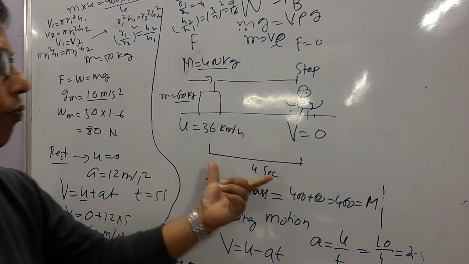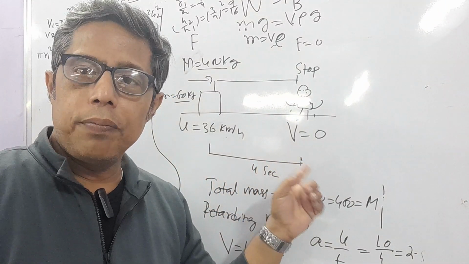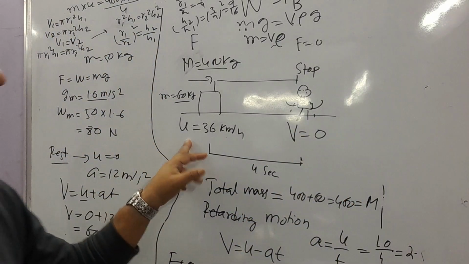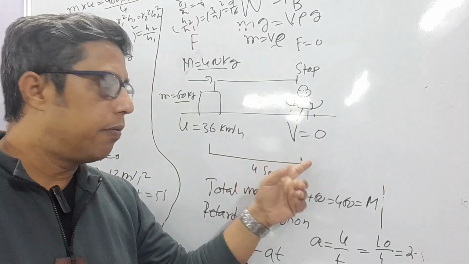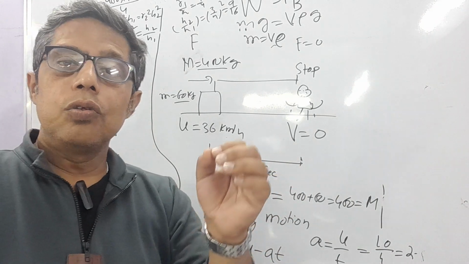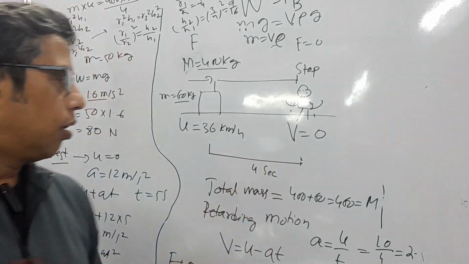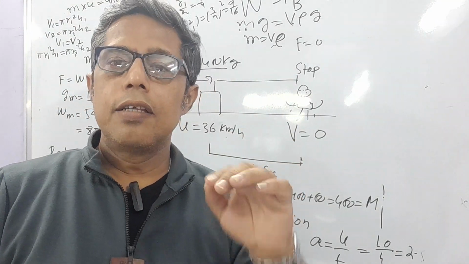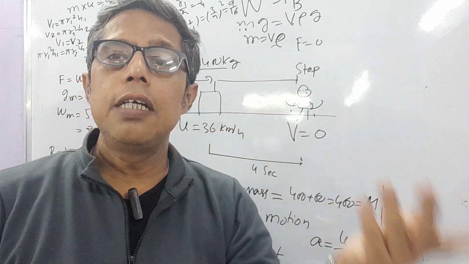It took 4 seconds to stop in front of the child. So initial velocity is 36 km per hour, final velocity 0, and time interval is 4 seconds to stop the motion. Now from here we can understand this is a retarding motion, meaning the final velocity is decreasing, which means retardation.